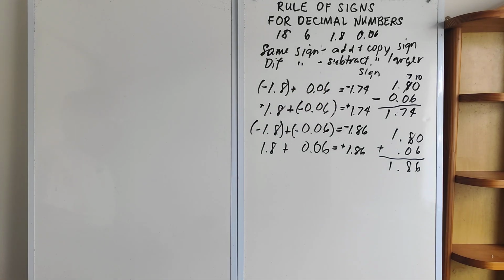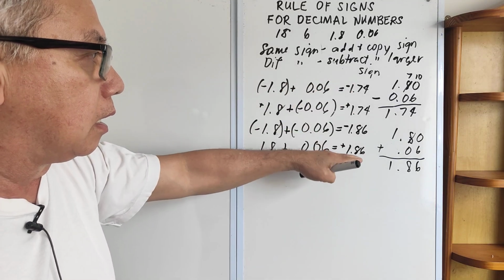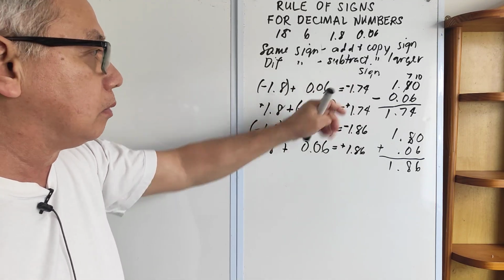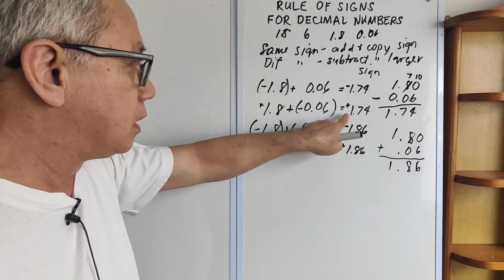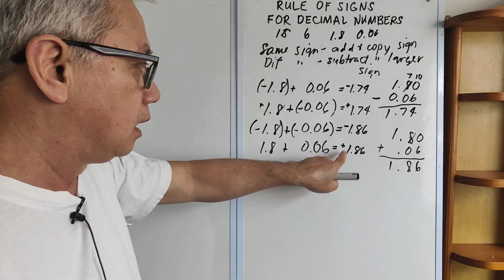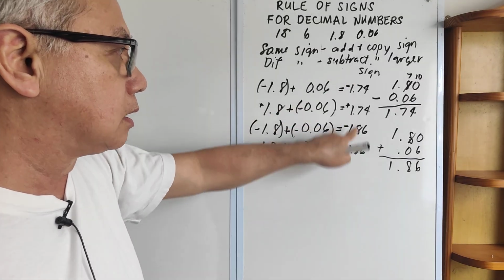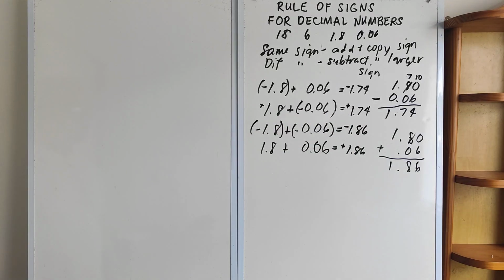And then we check. There should not be a repetition of the answer. So in here, this is negative 1.74, this is positive 1.74, this is negative 1.86, this is positive 1.86, so there's no repetition of answers. So we're quite sure that it is correct.